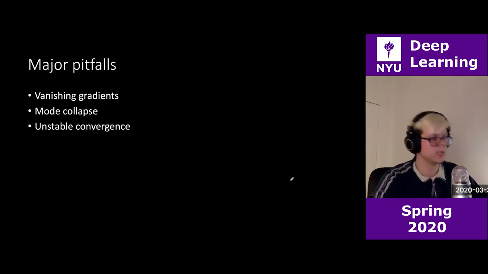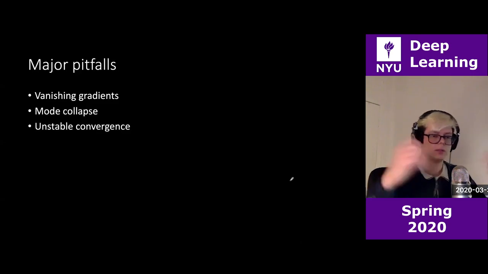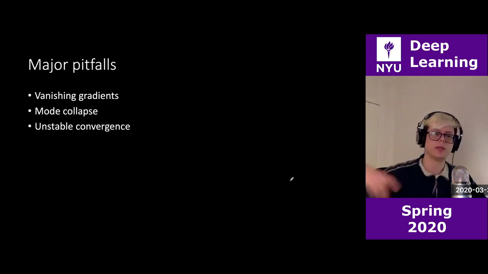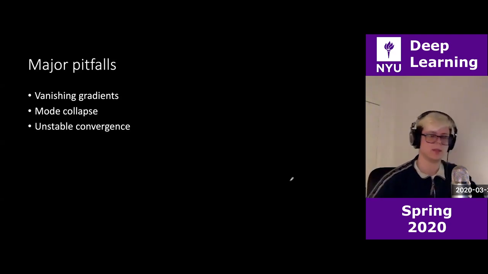Or you can train several GANs, and then you train a classifier on some image data set, and then you evaluate the quality of the images. This is some kind of metric that is not good, we don't like it, but that's what has been done. It's called inception score.